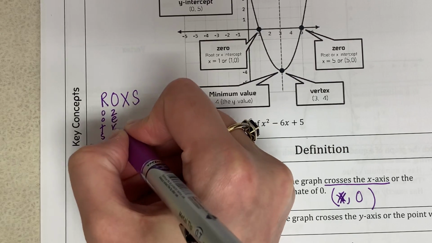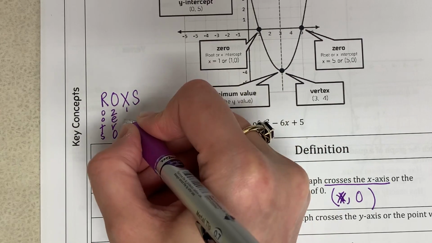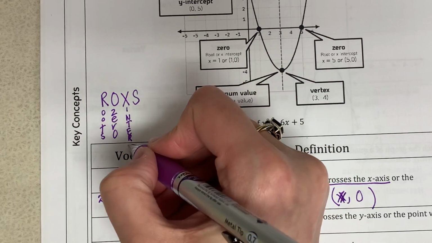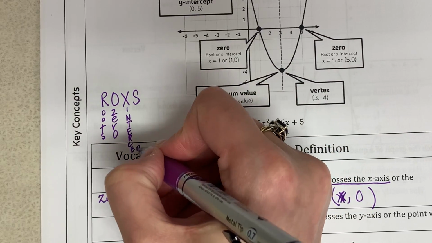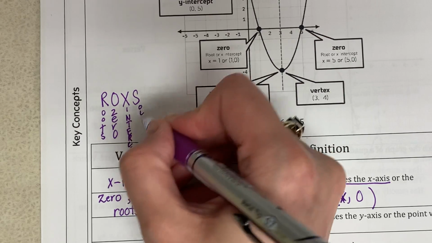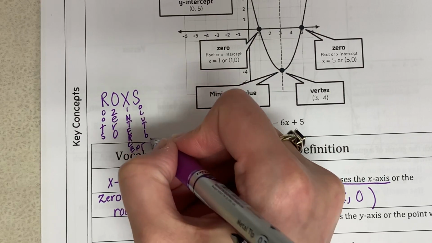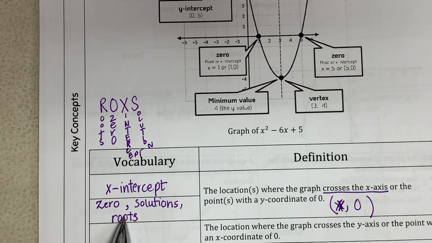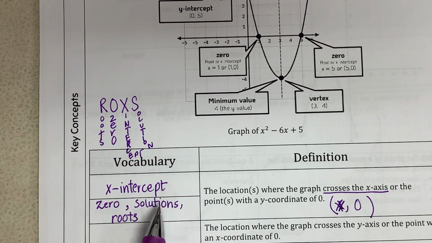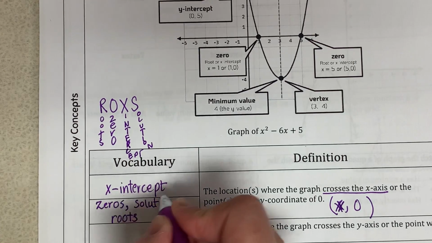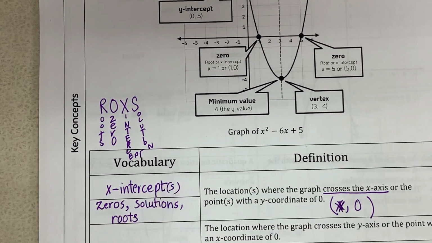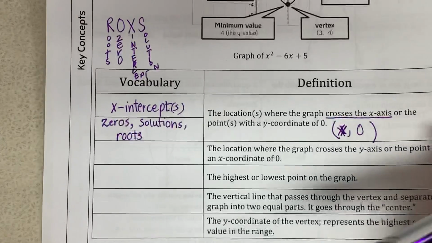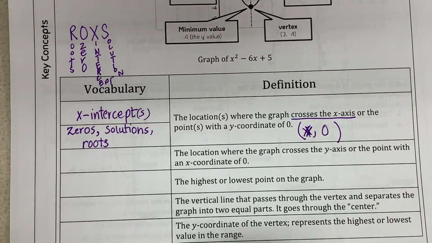This is zero, this means x-intercept, and S is solution. So these are the words: roots, zeros, solutions, x-intercepts. They could be 1, 0, or 2 in the case of quadratic equations.